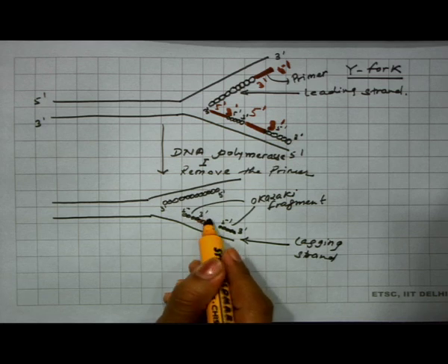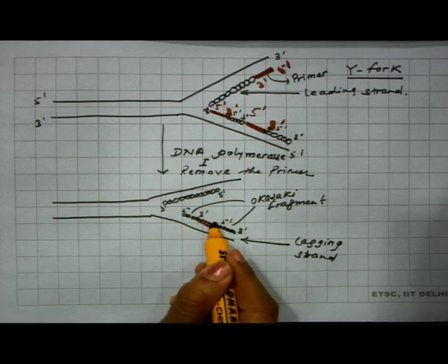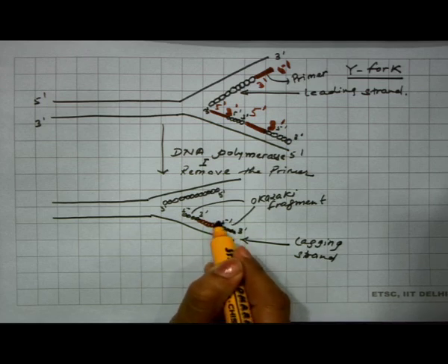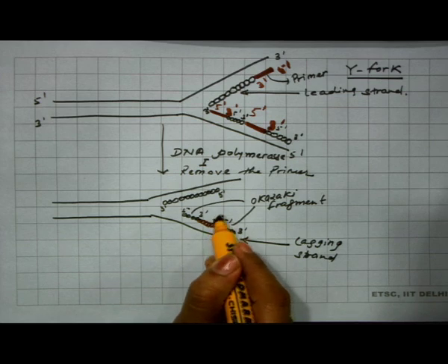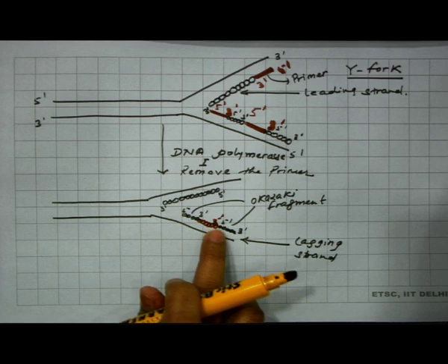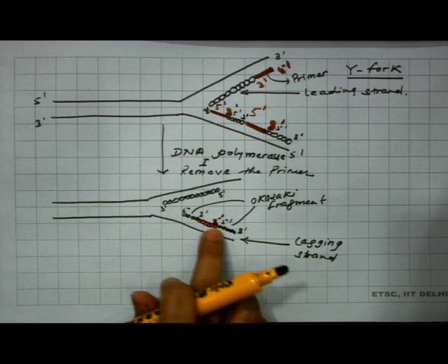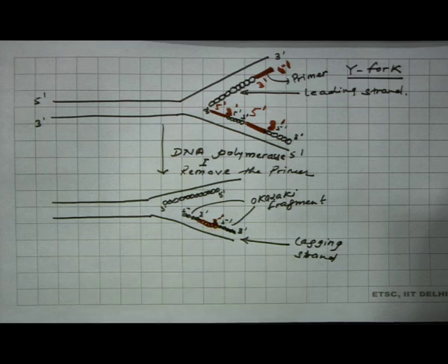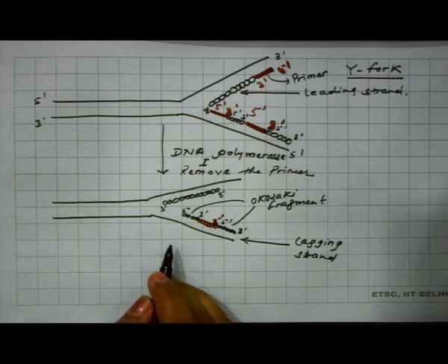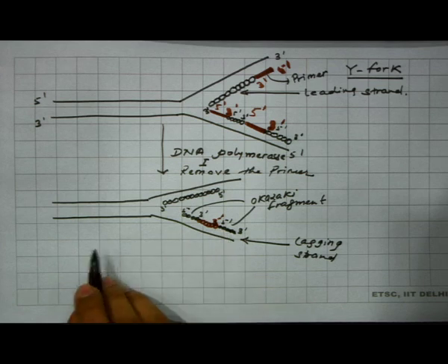Now, this gap will be filled up, but at the last nucleotide, here we have a 3' end and here we have a 5' end. These two nucleotides cannot form a phosphodiester bond because DNA polymerase cannot form a phosphodiester bond.